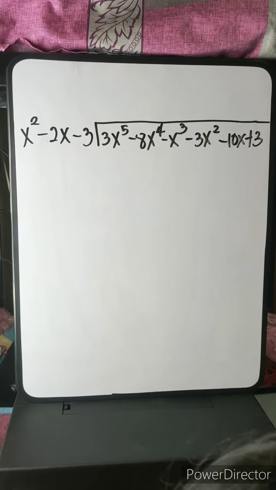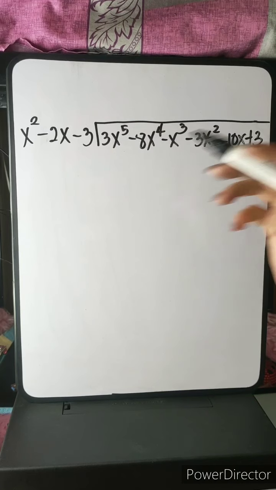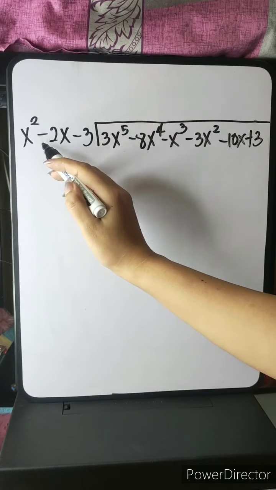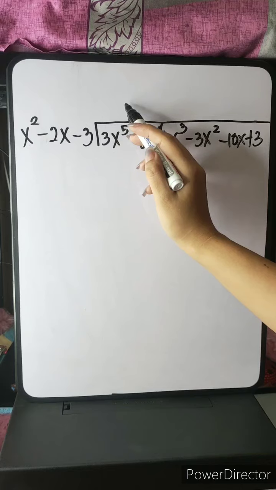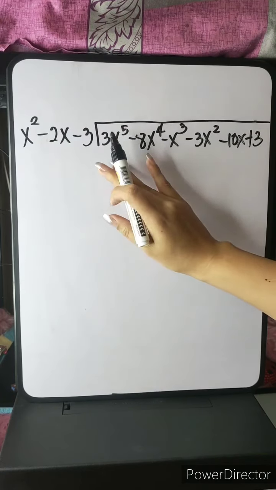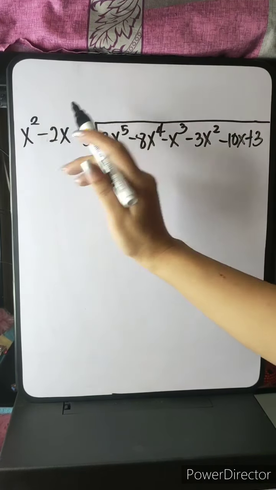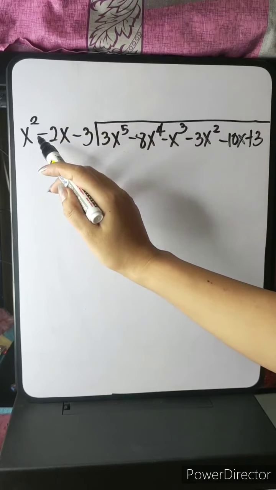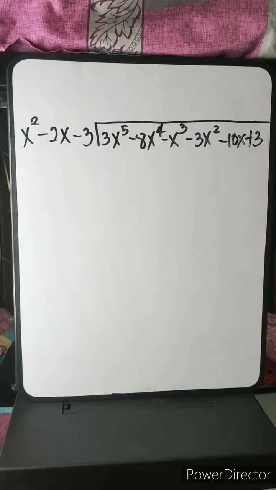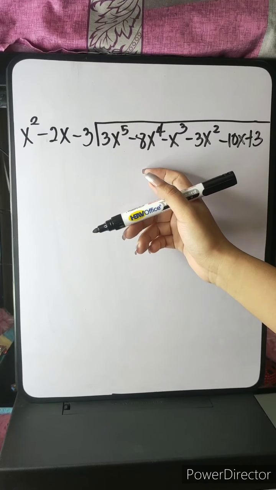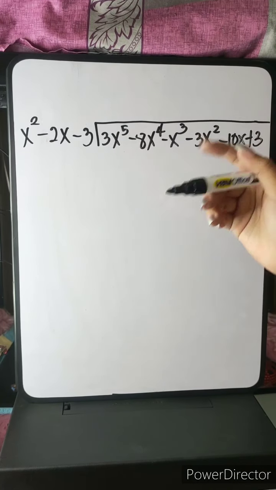Kagaya po kanina, we will just be dividing using the first term. And then, after we divide, we write our answer. We will multiply para isulat dito sa baba. But we will now multiply on these terms. Yung first term, second term, and third term. Kanina kasi binomial lang, kaya sa dalawang term lang natin minumultiply. And then, we will subtract. Okay? So, just please follow kung paano ko to ipapakita so that alam niyo yung process.